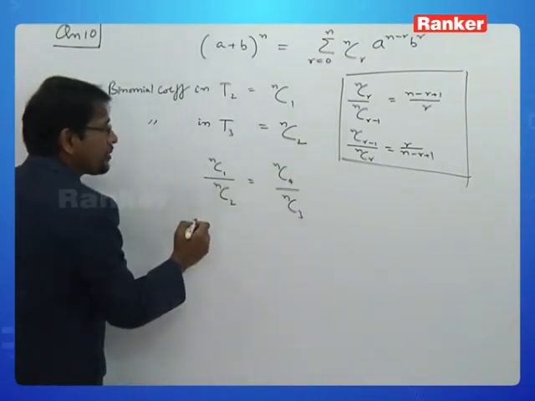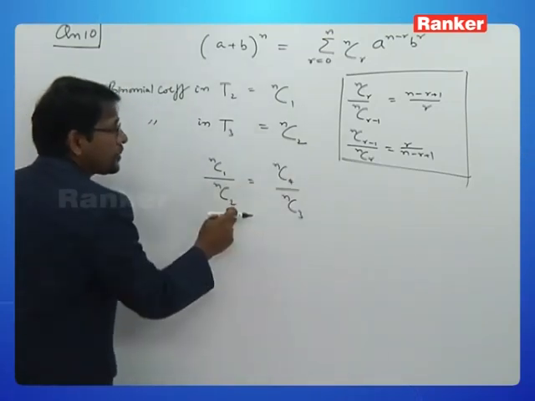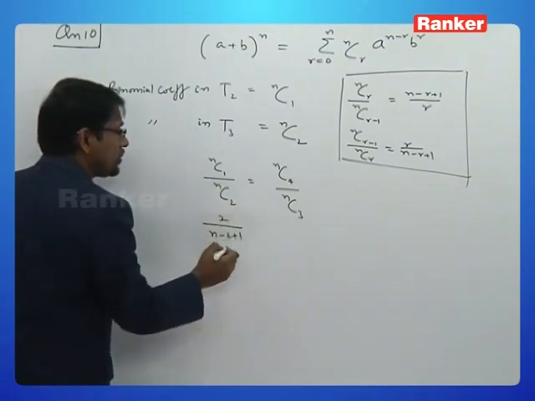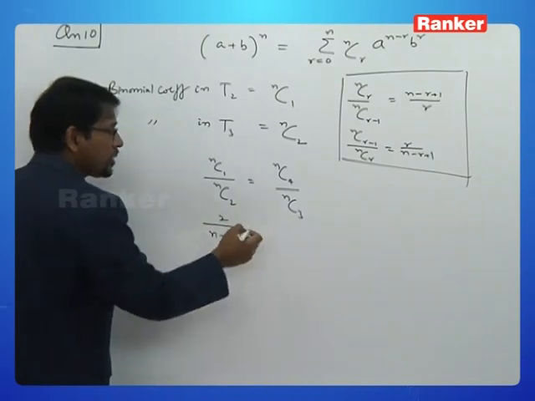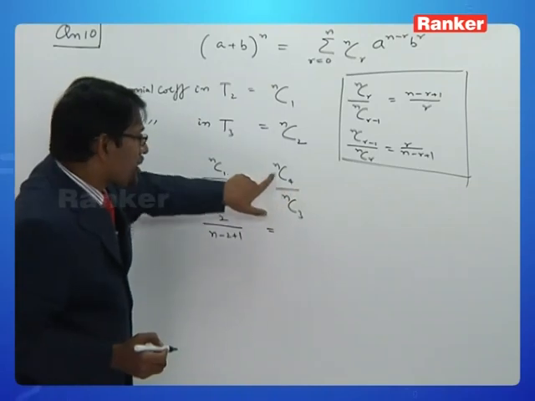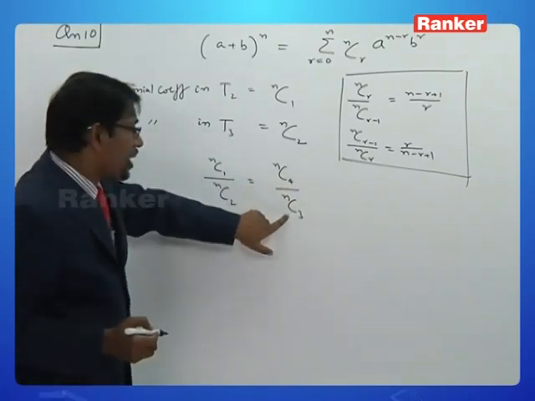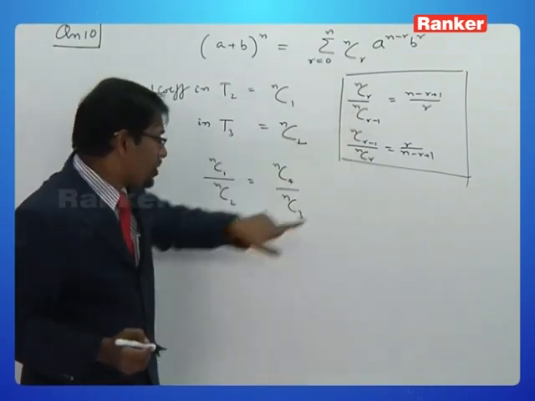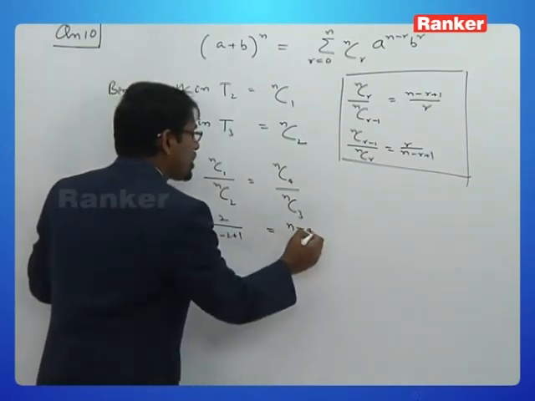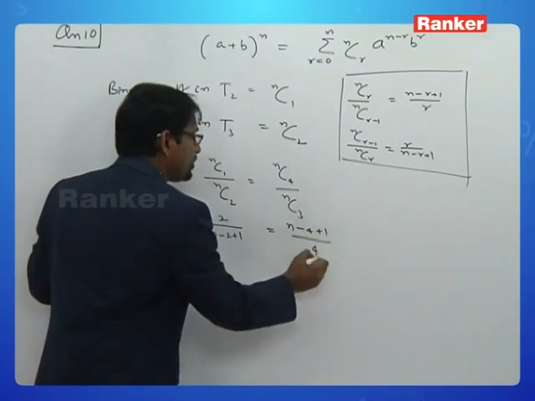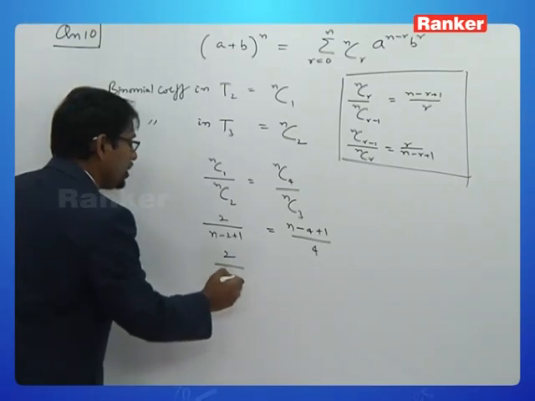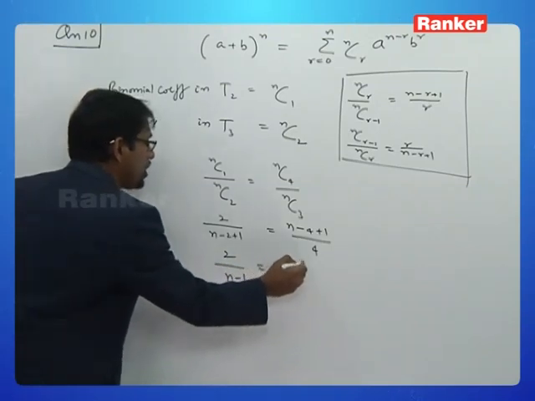Let us look at the left hand side. r is 2 here, so 2 by (n - 2 + 1), that is 2 by (n - 1). Coming to the right side, nCr by nC(r-1) is in the first form, so r is equal to 4 here. So we have (n - 4 + 1) by 4. So 2 by (n - 1) is equal to (n - 3) by 4.